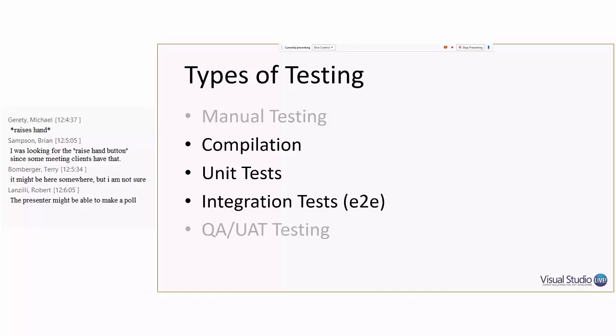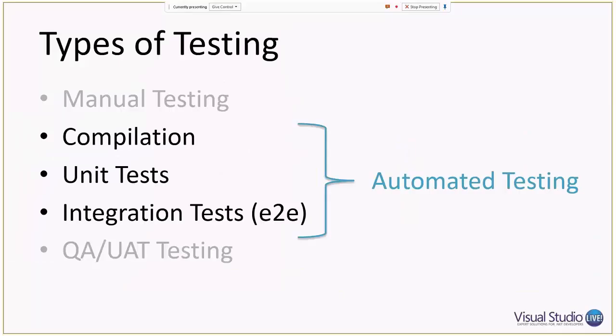So there are three other areas left, which I'm going to lump together as automated testing. These are things that run automatically as you build your application. The first one I want to mention is compilation. When you're building C# or server-side applications, you have the ability to have compilation. This is more of a feature of statically typed languages.